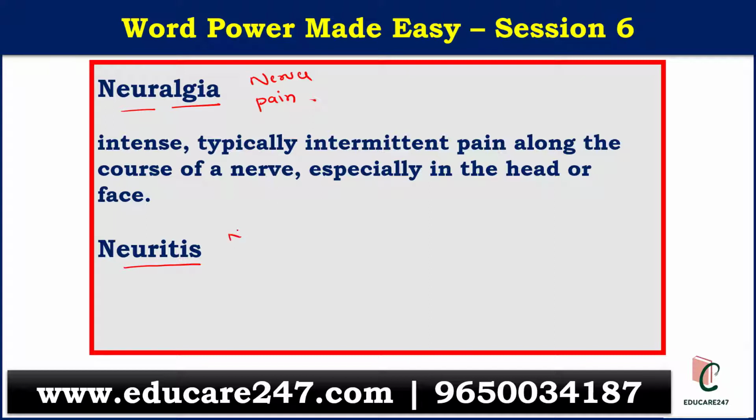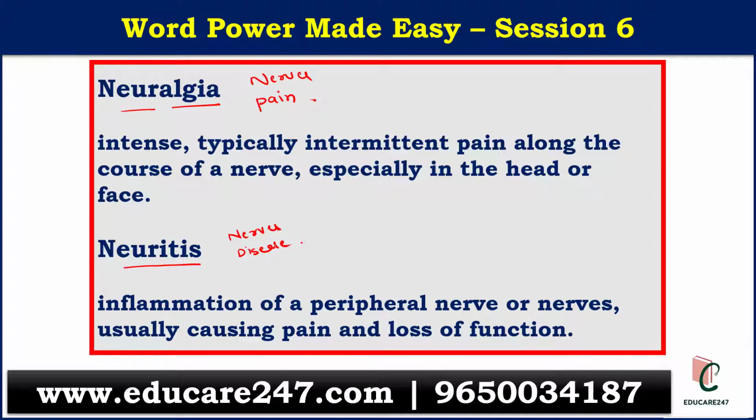Neuro again relates to nerves, and itis relates to disease. Neuritis is basically inflammation of a peripheral nerve or nerves, usually causing pain or loss of function. So it's a disorder relating to nerves.